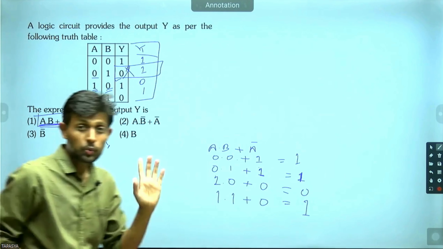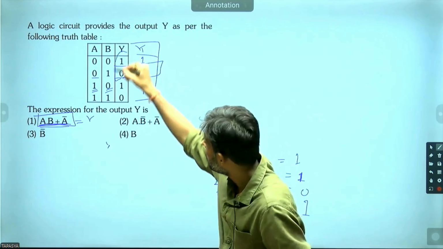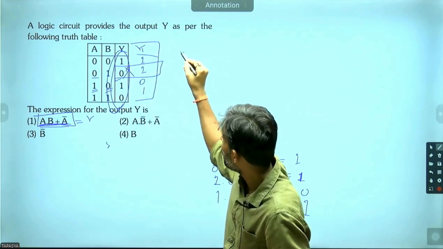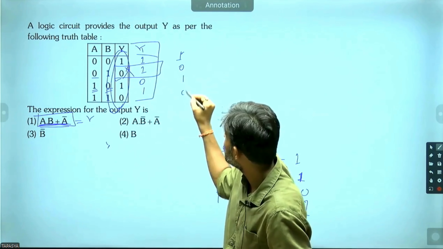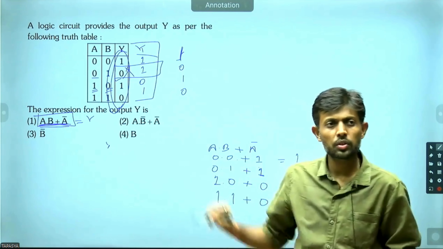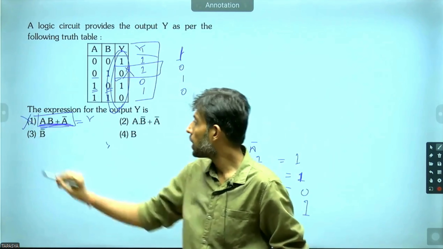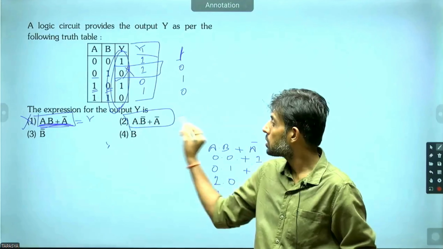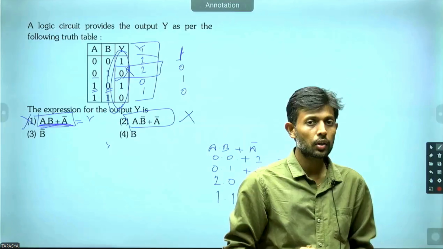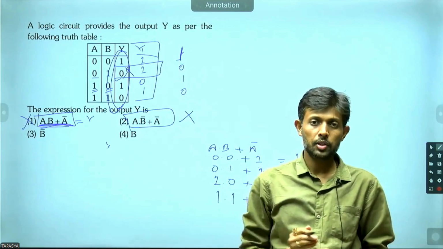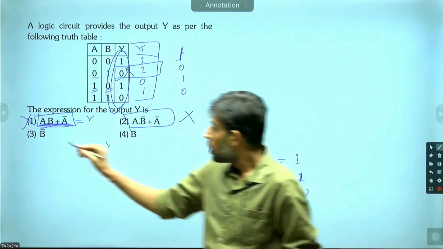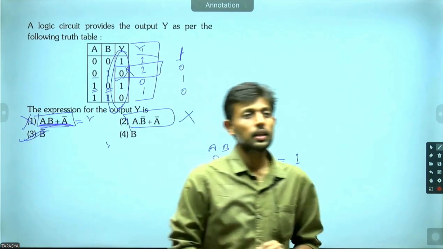But that is not what was given to us, right? To us, the output was already given as 1, 0, 1, 0. So it's not matching what we got using this expression. This cannot be the answer. Similarly, if you do this, you'll find this is also not giving you the output as mentioned to us. Option 3 is the correct one.